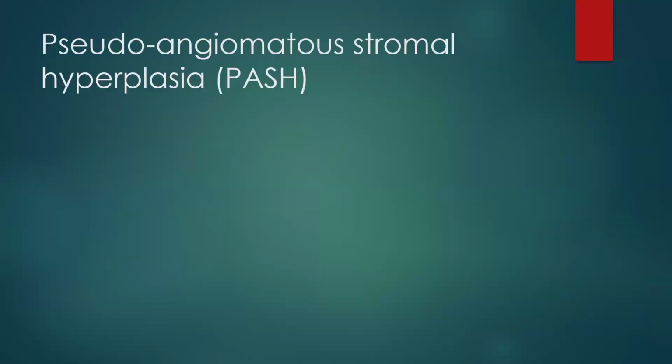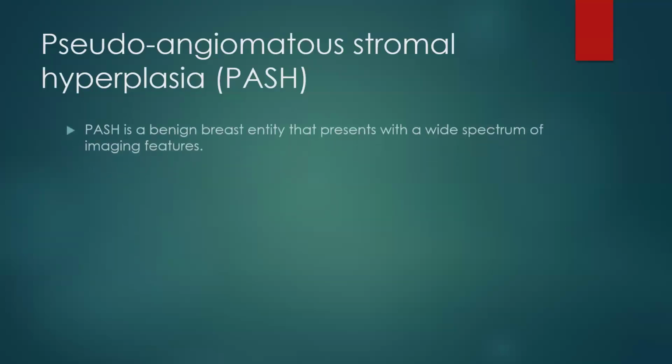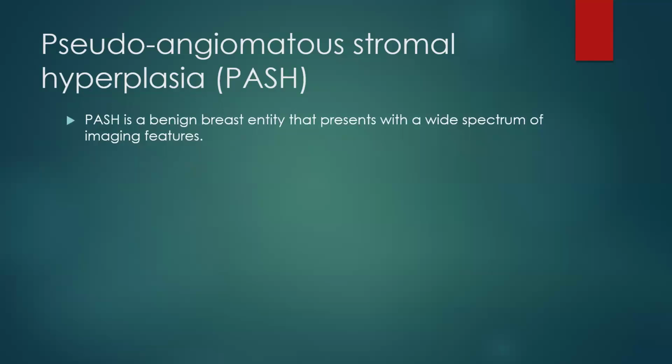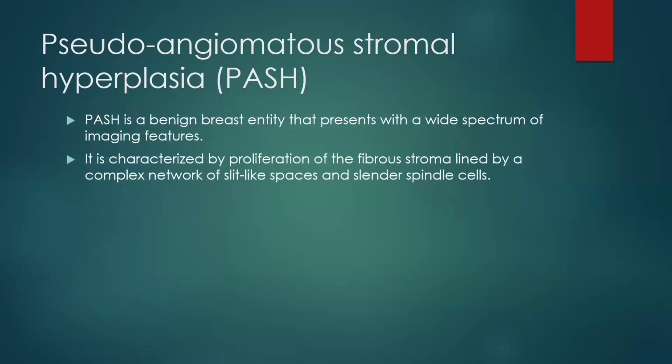When we come to the pseudoangiomatous stromal hyperplasia, or PASH, PASH is a benign breast entity that presents with a wide spectrum of imaging features. It is characterized by proliferation of the fibrous stroma lined by a complex network of slit-like spaces and spindle cells.